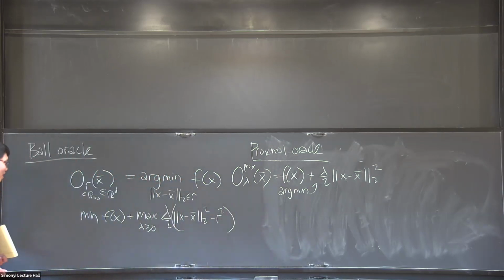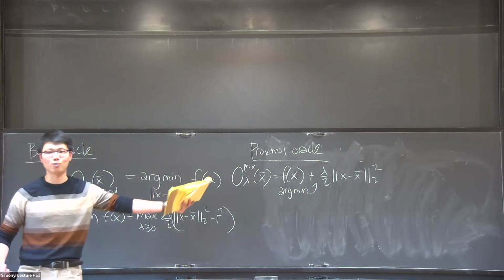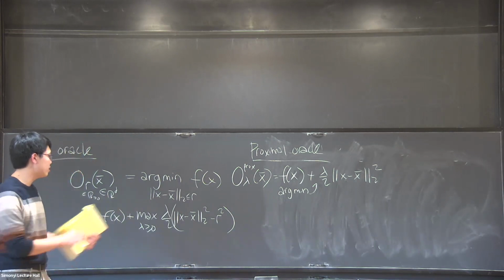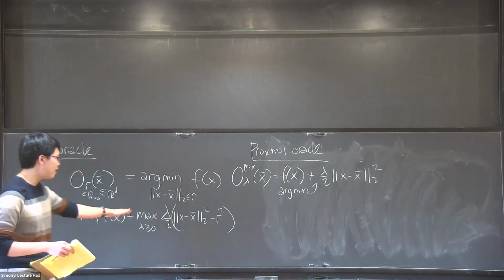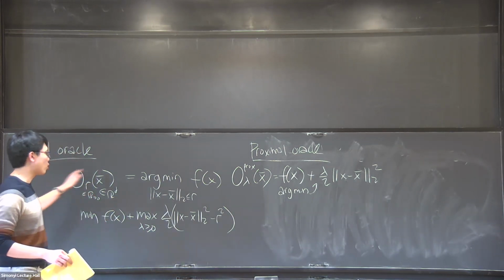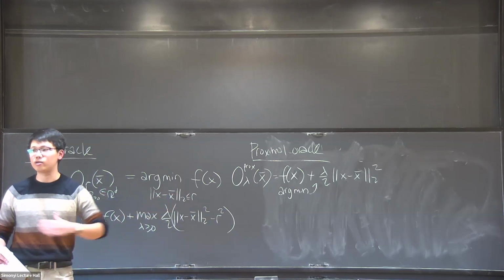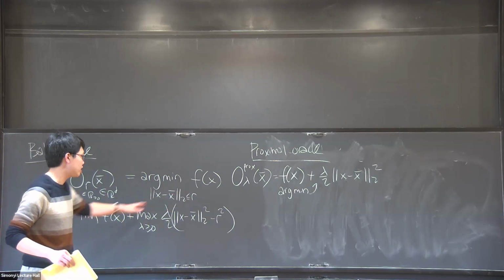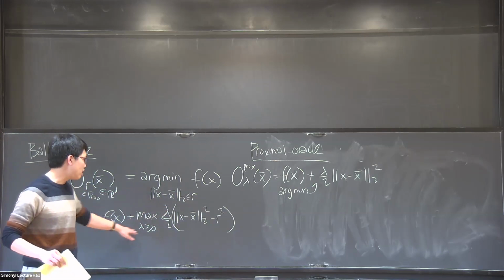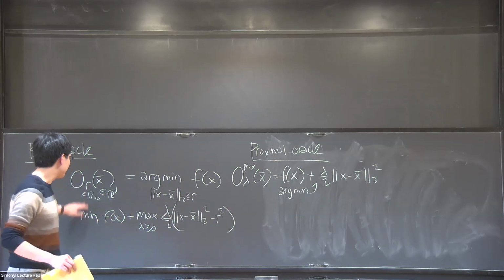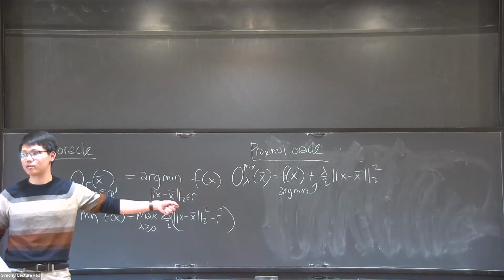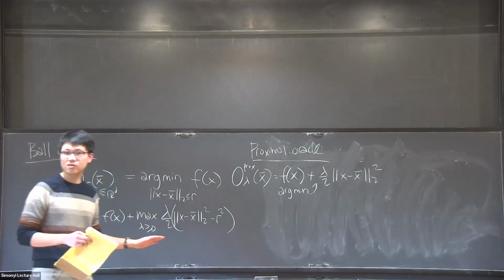So under the hood, this ball oracle is really just a proximal oracle with an unknown parameter lambda. It makes no promises what lambda is, but the claim is that for some value lambda, one of two cases: either the oracle will return the global minimizer, aka this constraint was not tight, right? And in the case that this constraint was tight, there is some non-zero lambda such that the oracle returns the call to the proximal oracle for that particular lambda. Does that make sense? Okay, great.